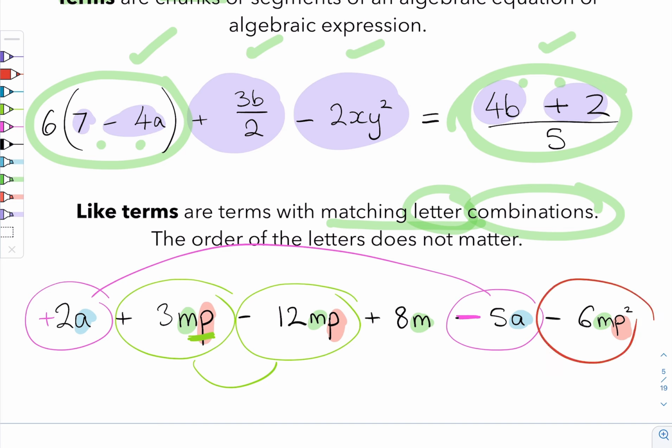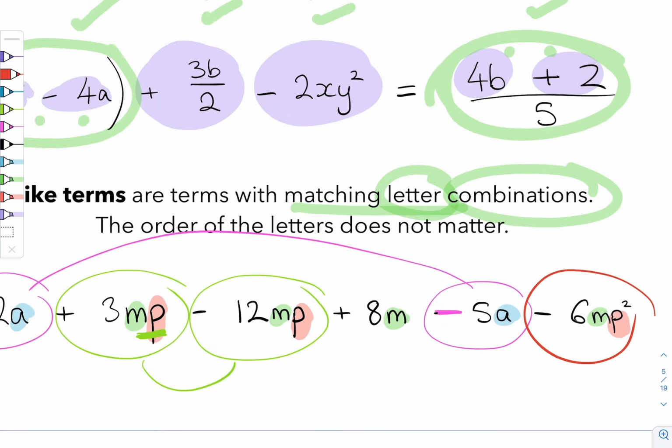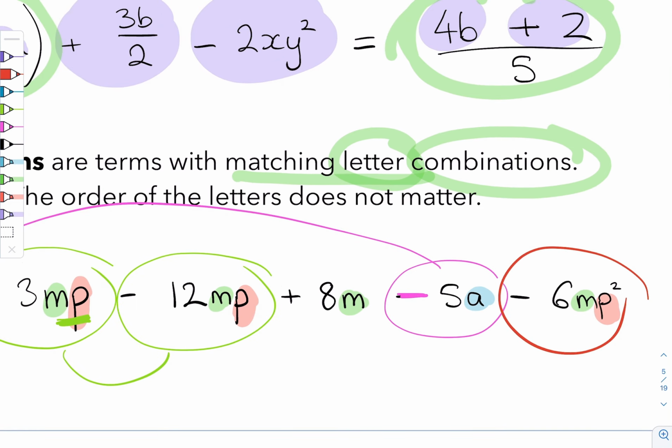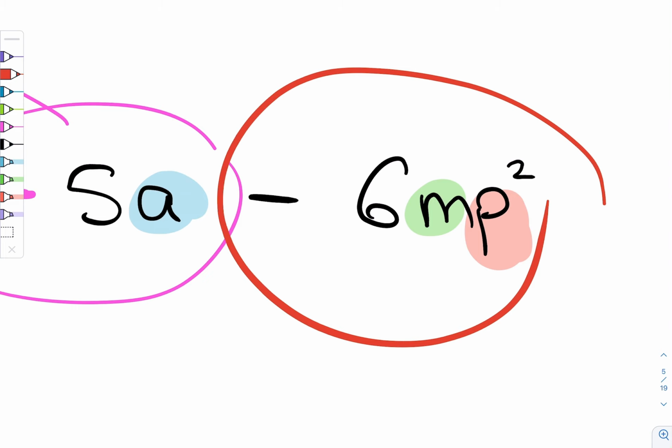Looking over here, this term has a letter M. It also has a letter P, but why haven't I gathered it with these? The reason is it's not the exact same combination. Do they all have the letter M? They do. Do they all have the letter P? Yes, they do. But the red term over here actually has two of them.